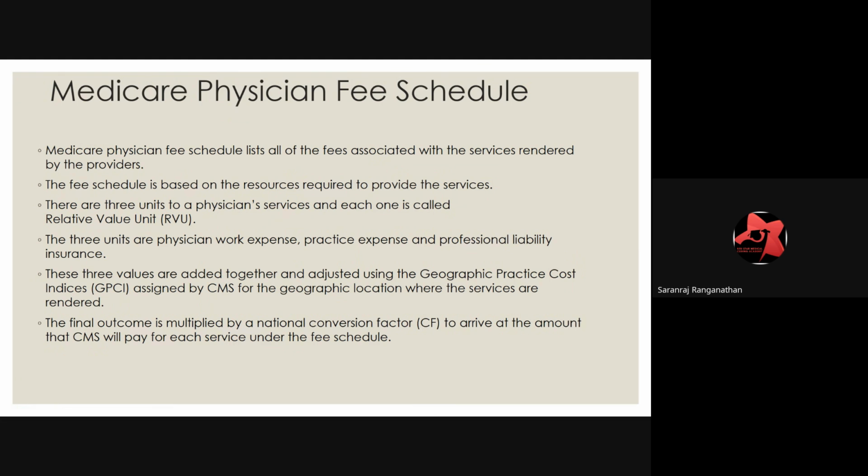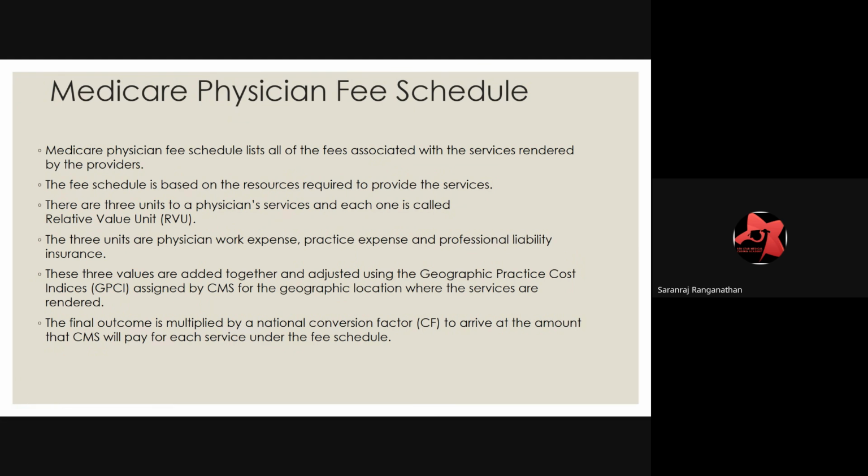Then the final outcome is multiplied by the national conversion factor to arrive at the amount that CMS will pay for each service under the fee schedule. So for the Medicare patient, the physician schedule is already divided and listed for the particular service, and these are the amounts they have to check. So each physician works based on these units only.